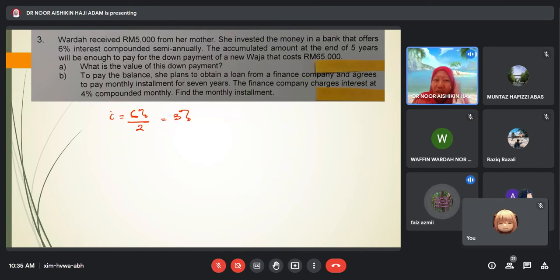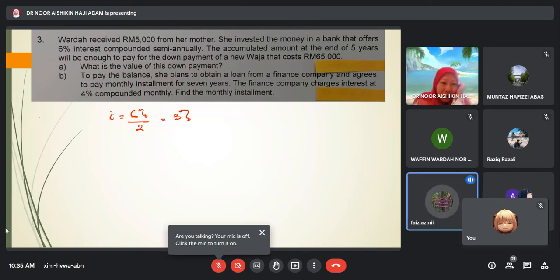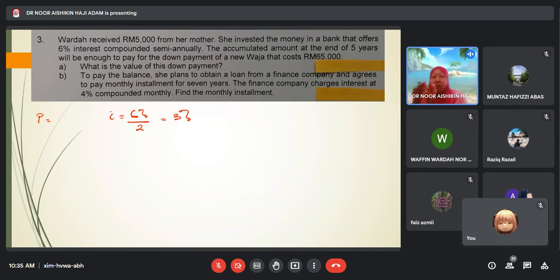E. Kenapa? Principal, duit dibawa masuk bank. Sebab duit tu dia simpan sekaligus saja. I mean, dia biarkan duduk dalam account for 5 years. Tak berusik. So that's why it is P. P equals to 5,000 ringgit.